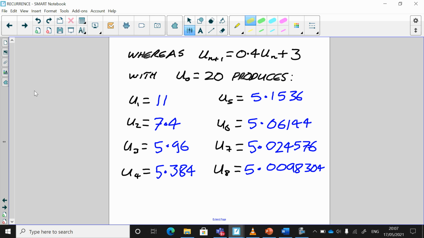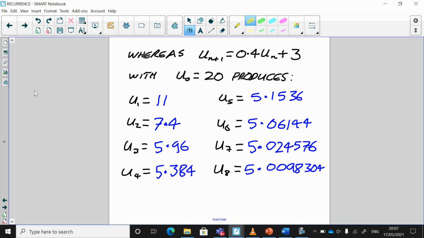Do you notice anything about the answers here? Do you notice anything about the numbers? You started at 11, 7.4, 5.96, 5.384, 5.1536. Do you notice anything about what is happening with the numbers in this sequence?